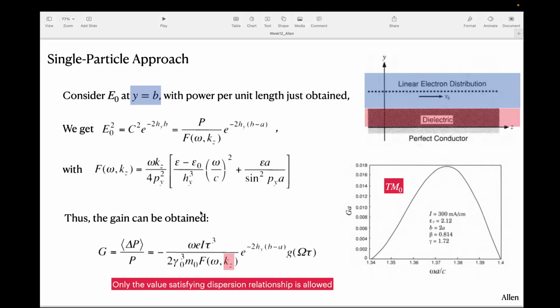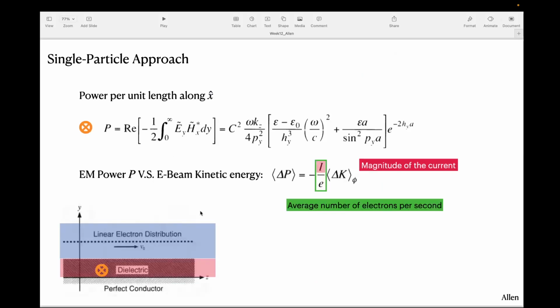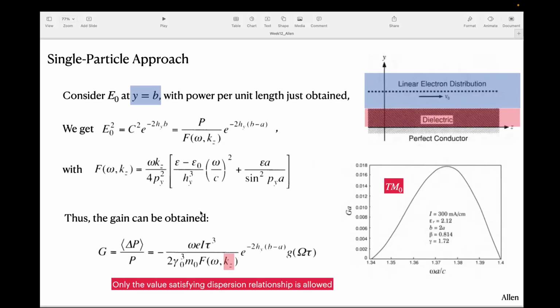In this section, we used the single particle approach, which extracts just a single particle, an electron from the layer along the x direction, then finds the kinetic energy, and plugs in the exact field expression we obtained before to get the power, and tries to connect the kinetic energy and the power to get the delta P, and at last get the gain of it.